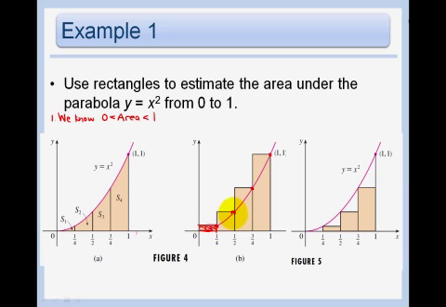I took the value here on the curve, and I used the right endpoint to make my rectangle. So there's 2, took this point, I just went over to my next point, and again. So this is going to be called right endpoints.